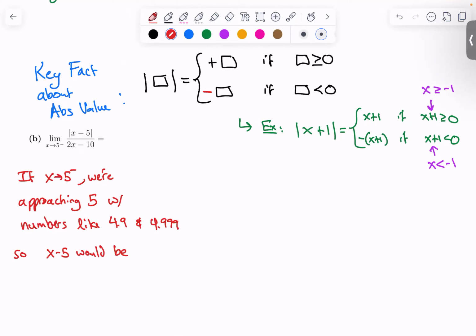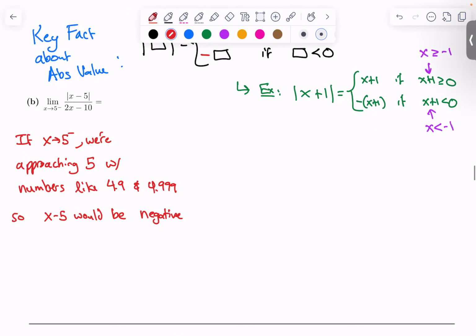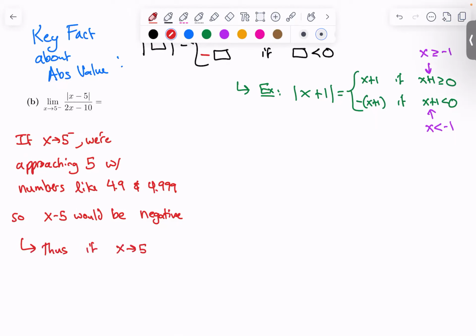It'd be negative, because it's going to be 4.9 minus 5. That'll give me a negative number. So x minus 5 would be negative. So the absolute value needs to take account for that, and so it adds on an extra minus sign to take care of it. Thus, if x approaches 5 from the left, the absolute value of x minus 5 is equal to negative the quantity x minus 5.